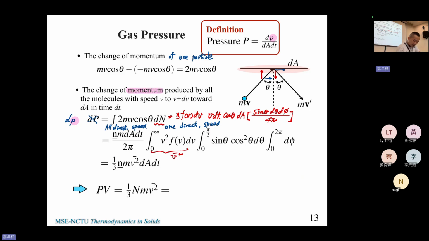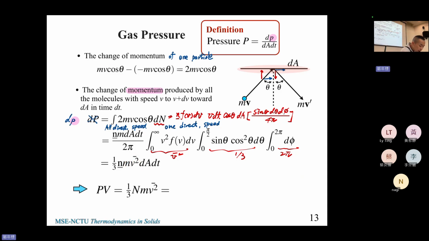V squared. And of course, theta is from 0 to half pi, and phi from 0 to 2 pi. The value is 1/3, and this is 2 pi. After we multiply them together, it becomes 1/3 n under bar and v squared bar dA dt.